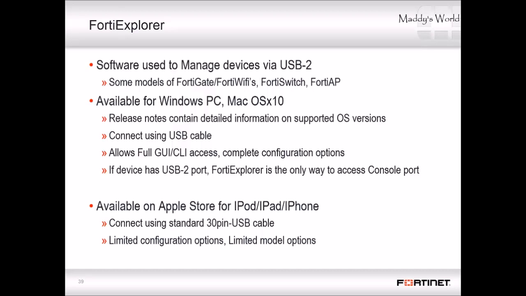The version for iOS is really intended just to set up IP and routing options to get a new unit up and running in environments so that it can pass traffic and you can access it to do real configuration. It's great because you don't need to pre-configure the firewall when you put it into a data center or bring bulky equipment. Simply cable it up, then plug in your phone or tablet and set up the IP details.